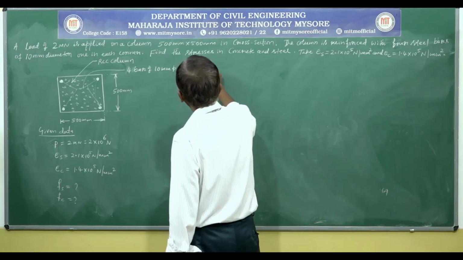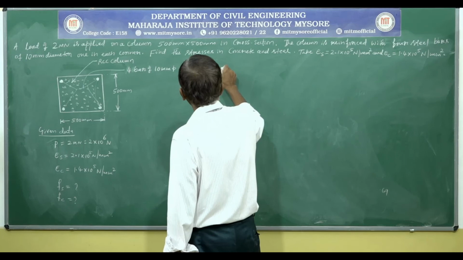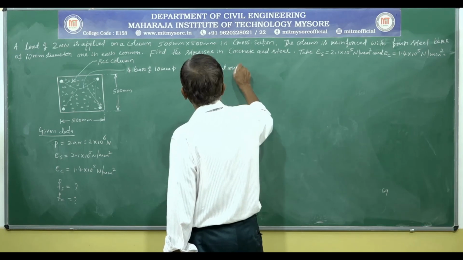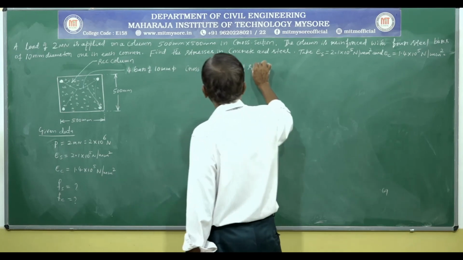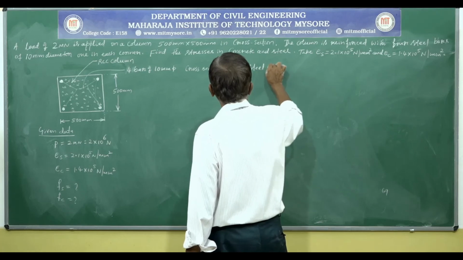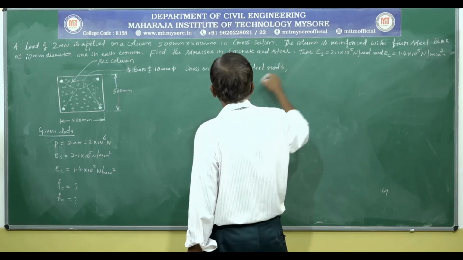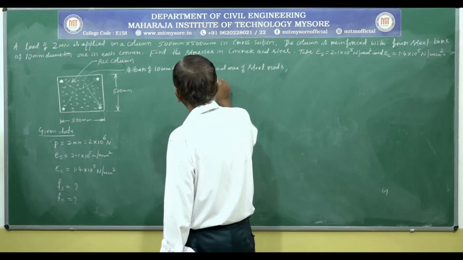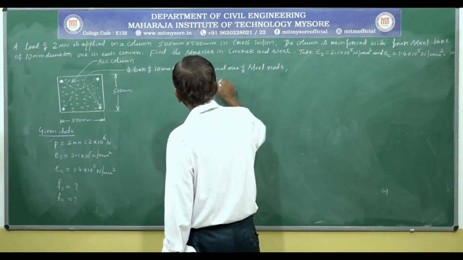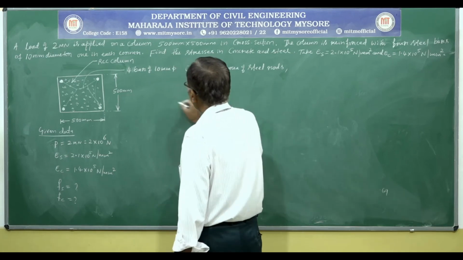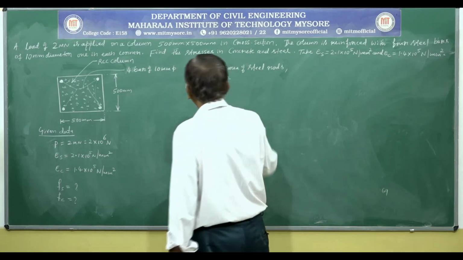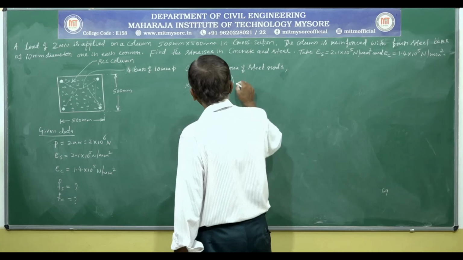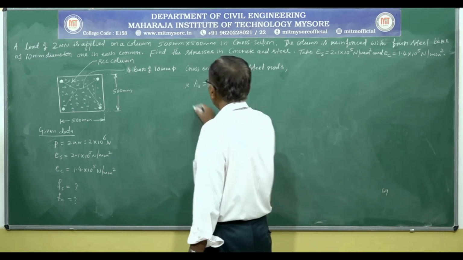Cross-sectional area of steel rods, that is, area of steel, is equal to pi d square by 4 into number of bars, 4 bars.